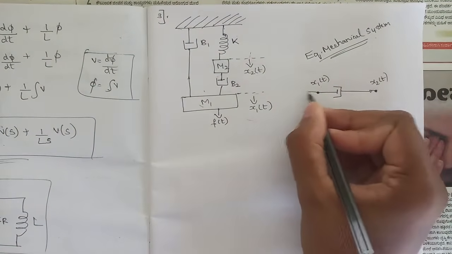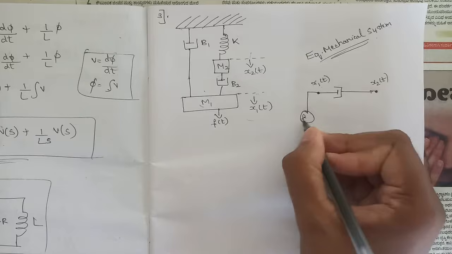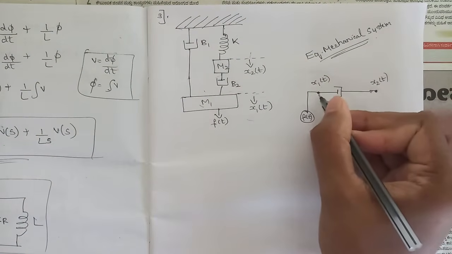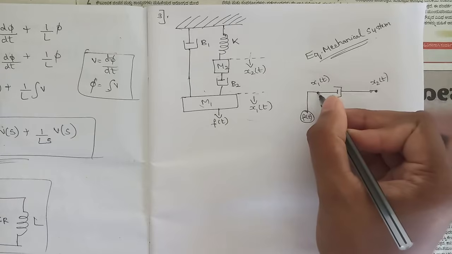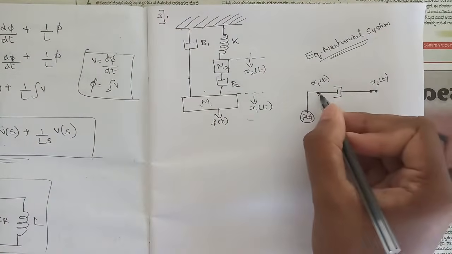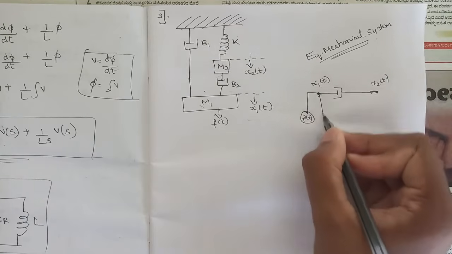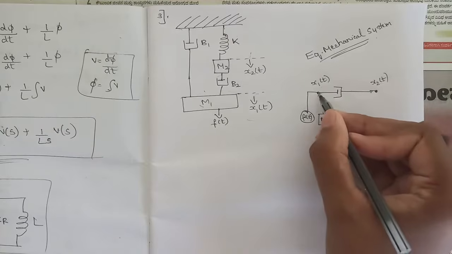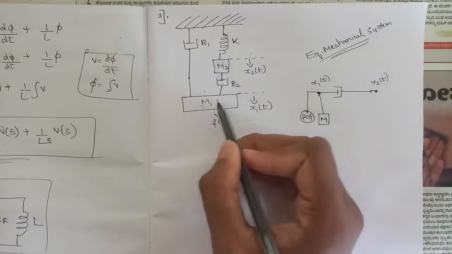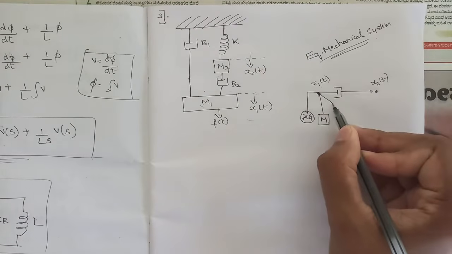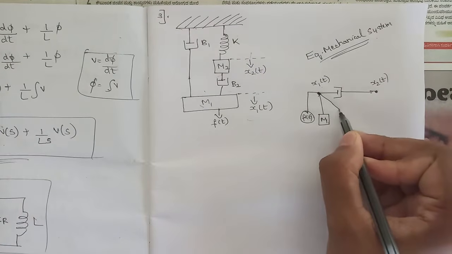So we will draw this F of t along with the node x1 of t, and after that we have this mass M1 due to the displacement x1 of t. So draw M1 here. After that, from the same node, B1 is also attached to M1. So attach this B1 as well.